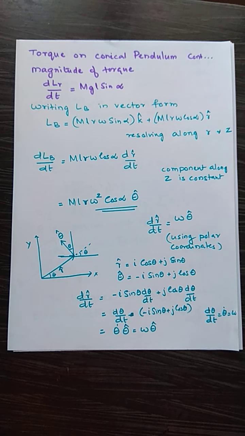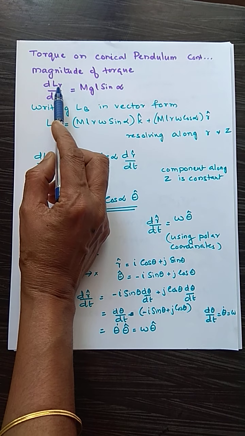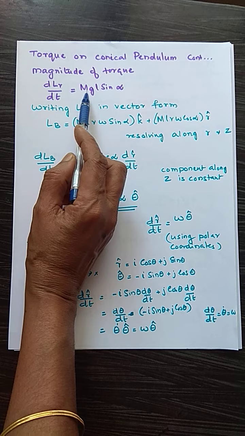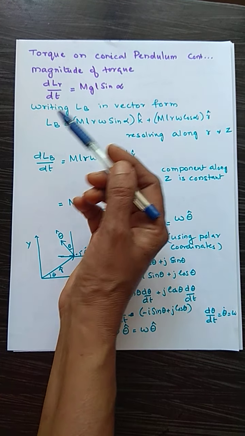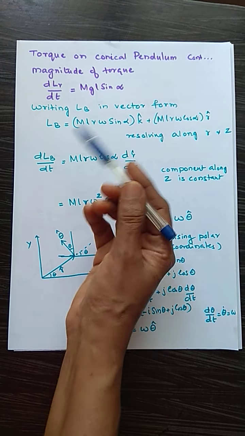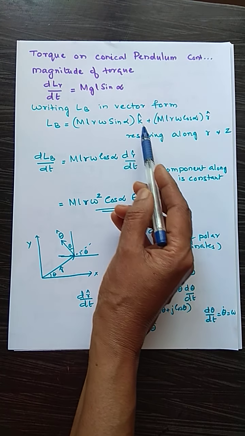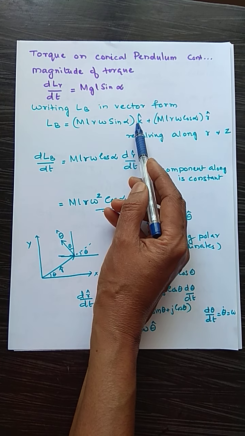Last class we have been mentioning the torque on a conical pendulum, and the magnitude of the torque we obtained as mgl sin alpha. Now writing the angular momentum L in vector form, it has a component in the radius r direction as well as the z direction.